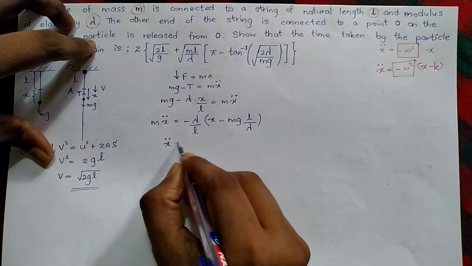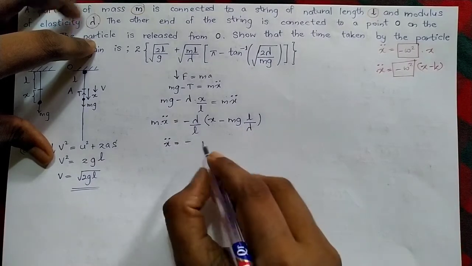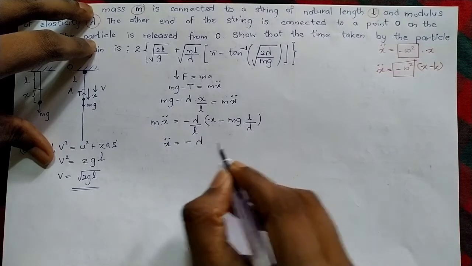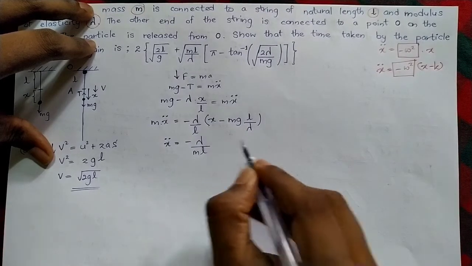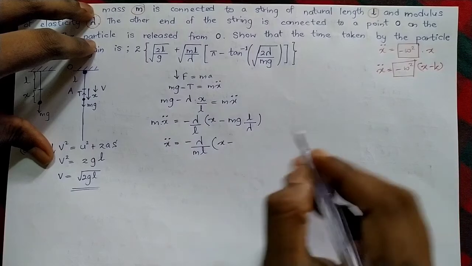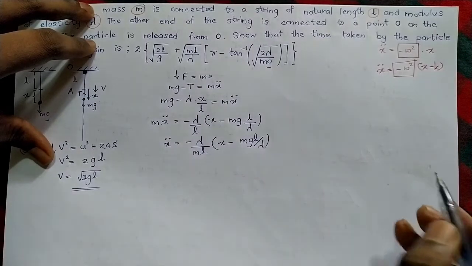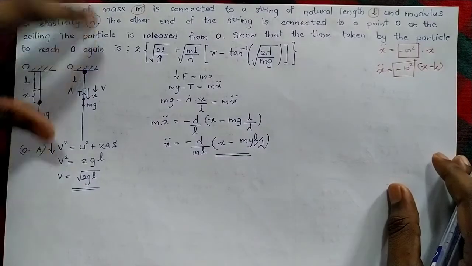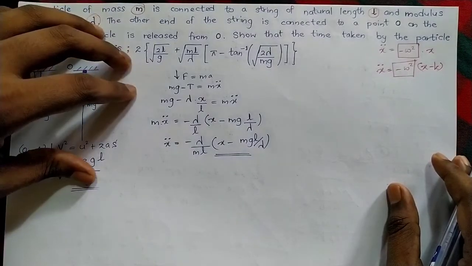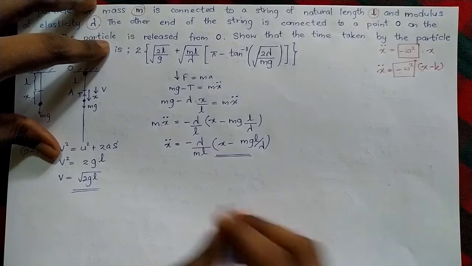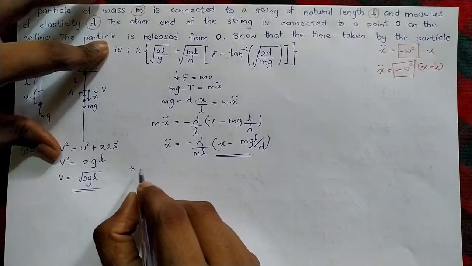Then I am going to divide this equation by m. Then I am having lambda over mL times x minus mgL over lambda. So this is the characteristic equation of this particular particle performing simple harmonic motion. So we have to write a statement for that.